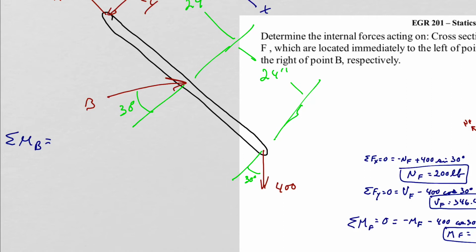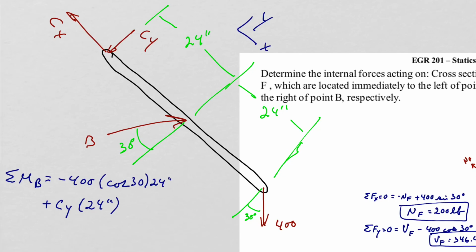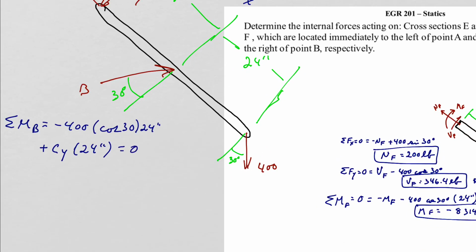If I do that, I will have minus 400 pounds times the cosine of 30 times the 24 inches, plus C_Y times the 24 inches, and that should equal 0. I can get C_Y then, which will equal 346.4 pounds.